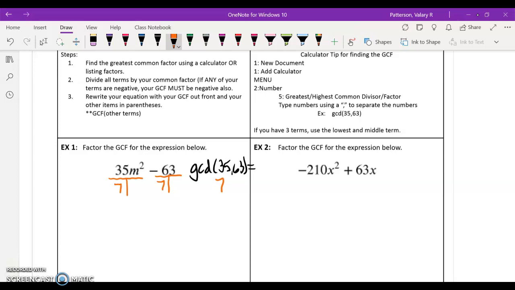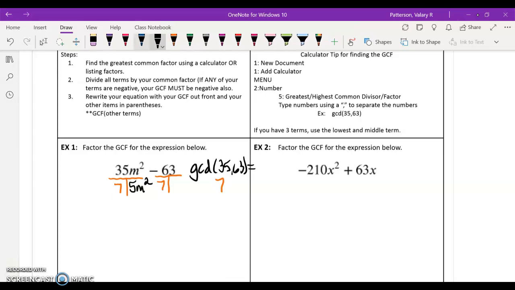When I divide 35m squared by 7, what do we have? When we divide that, we're going to end up with 5m squared.